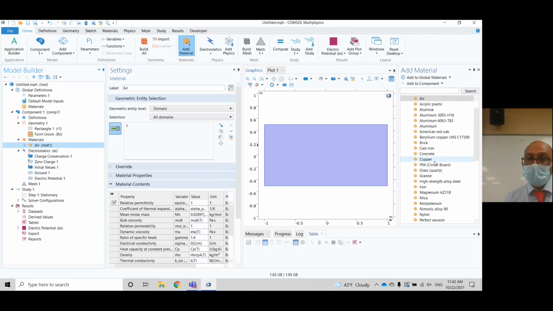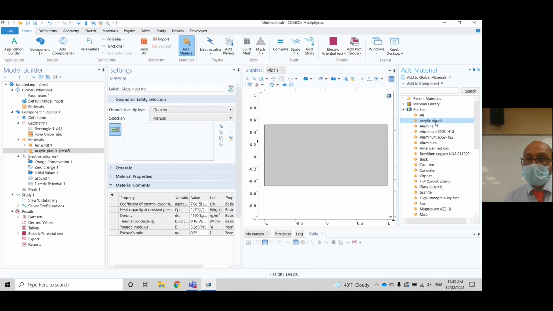Let me see. What would be a good one? Brick. Acrylic. So when you look at acrylic, let me see. This one doesn't have. This is a little bit of the limitations of this software. You don't see, okay, you have the value. So the value that we care about when we're working with these kind of simulations is the electric permittivity.